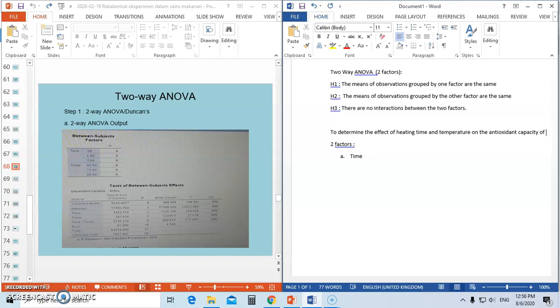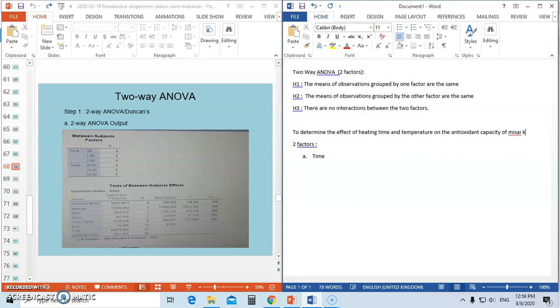For example, let's just take misai kucing. Okay, just an example. Okay, so we have time of heating.